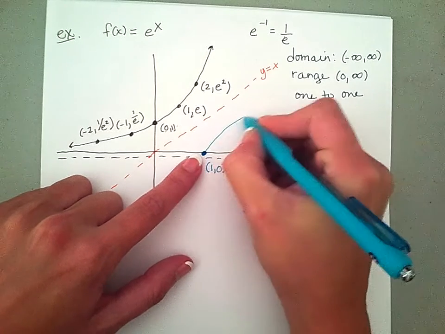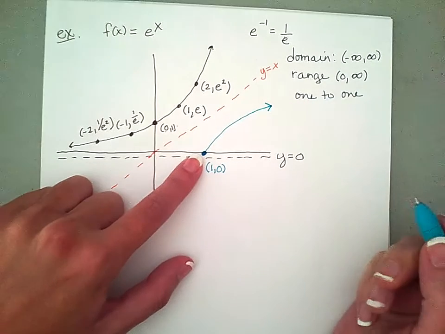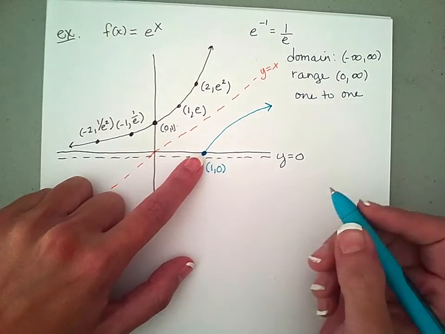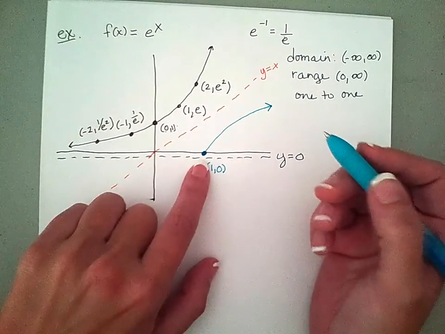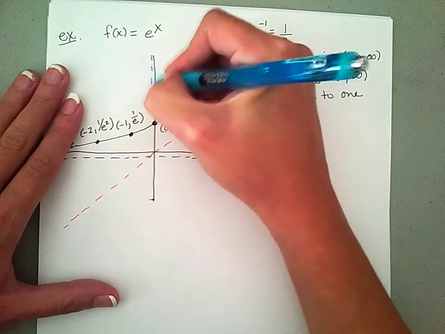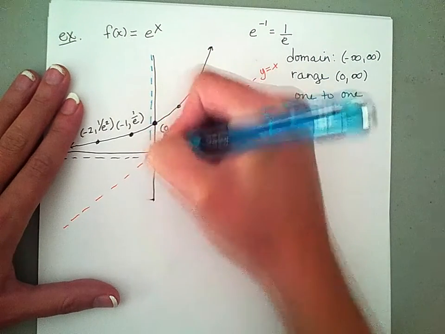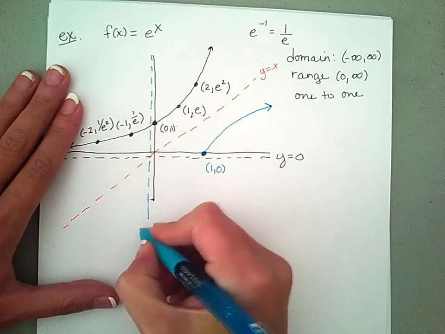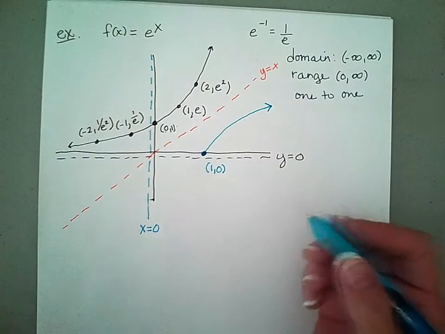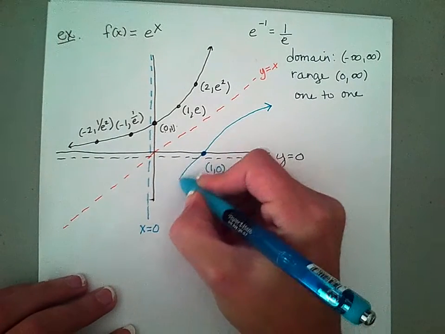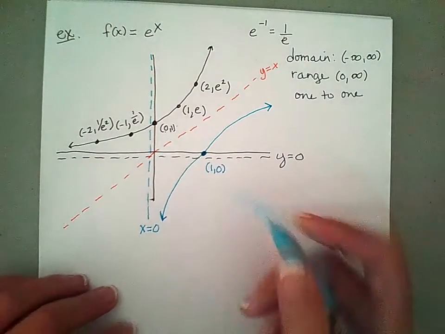We would take off to infinity as x goes to infinity. But now, instead of having a horizontal asymptote, by flip-flopping the points we get a vertical asymptote, and that vertical asymptote has the equation x equals 0. So the graph would approach like this.